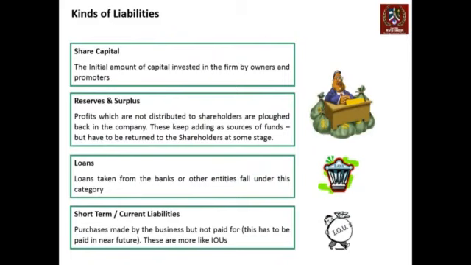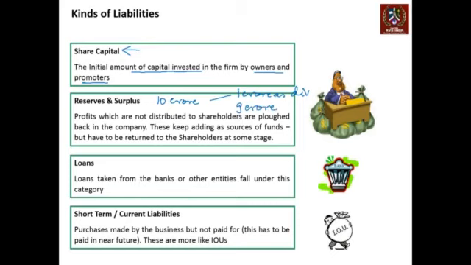What are the kind of liabilities? Now, either liabilities could come in the form of share capital, which is the initial amount of capital invested in the firm by the owners and promoters, right? First year, you put in some money, that's your share capital. Now, that year, if you made a profit of, let's say, 10 crore, but gave only out 1 crore as dividend, what is happening to the remaining 9 crore?